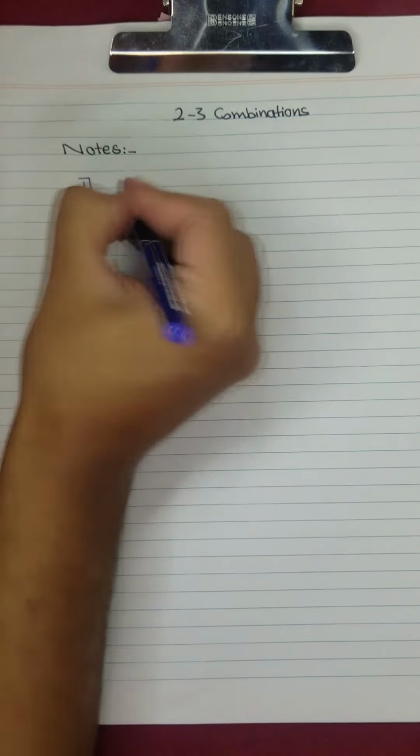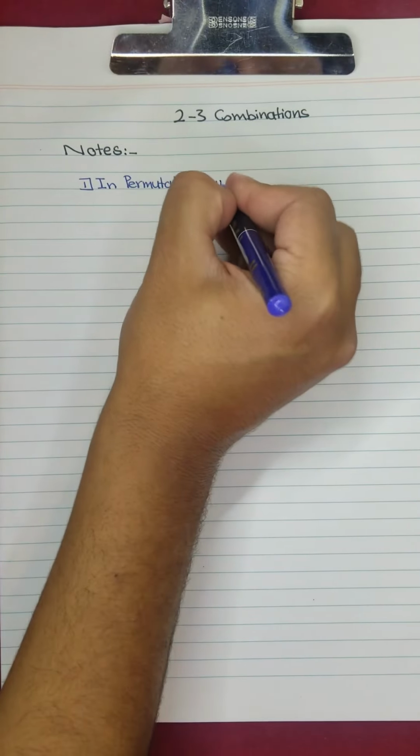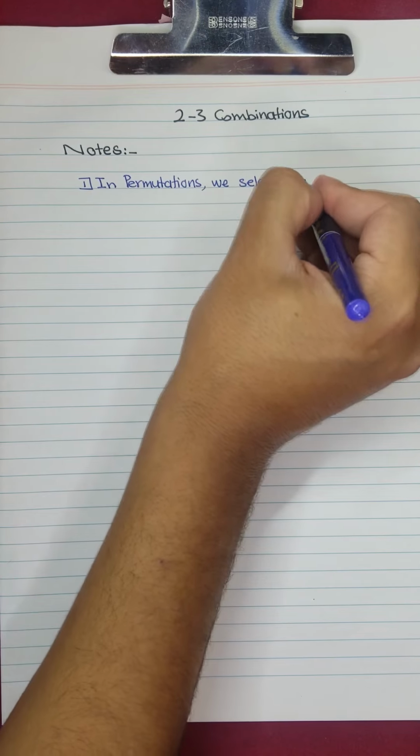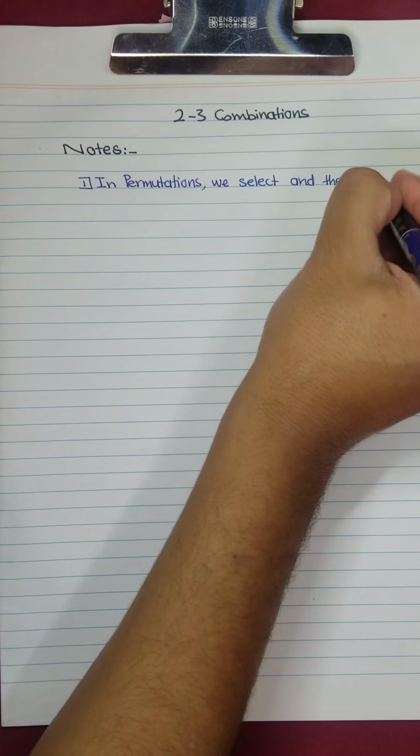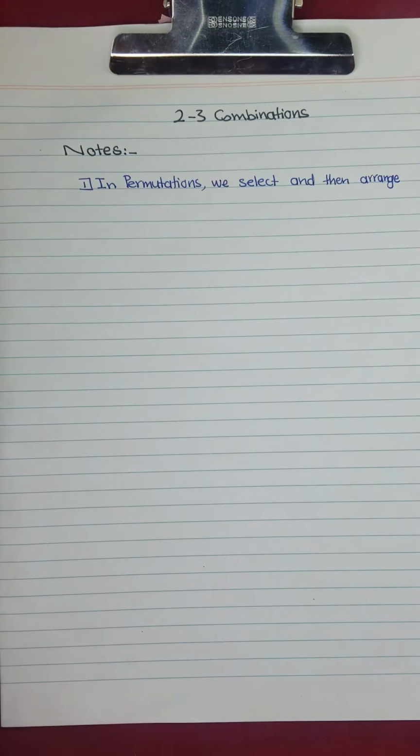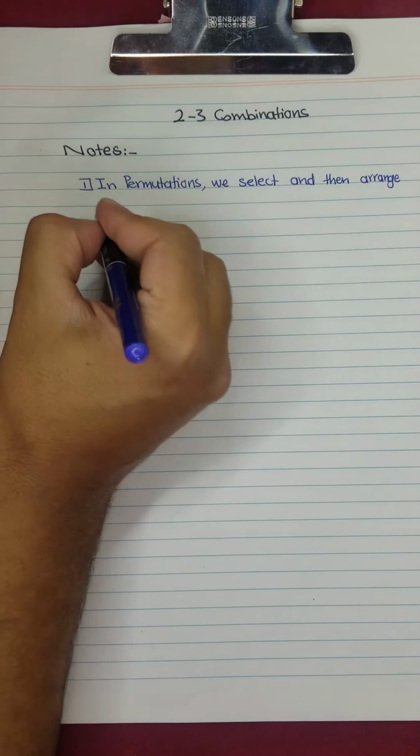So, the first note we have is that in permutations, we select and then arrange. We select and then arrange our selection.